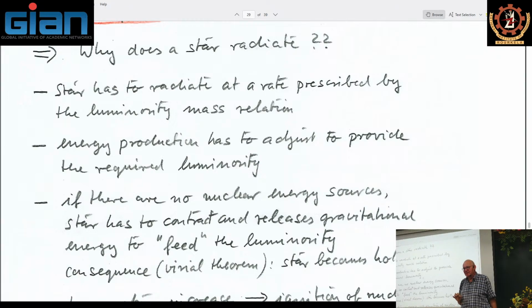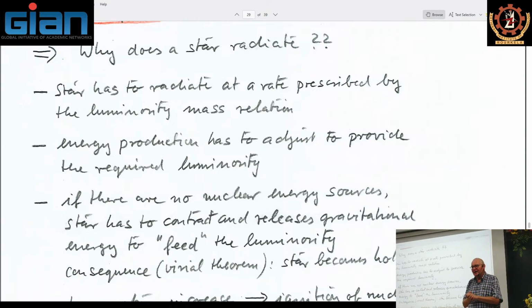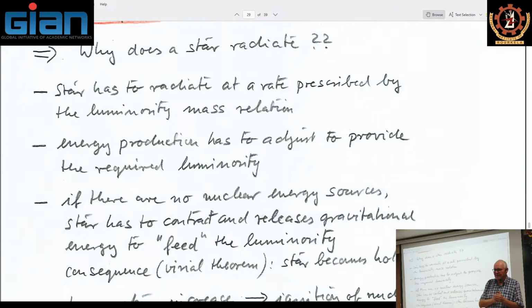As a consequence, if the star contracts, now the virial theorem comes into play. If the star contracts and releases energy, half of it goes into the luminosity, which it has to feed, and the other half is used to increase the thermal energy. This is a consequence of the virial theorem.